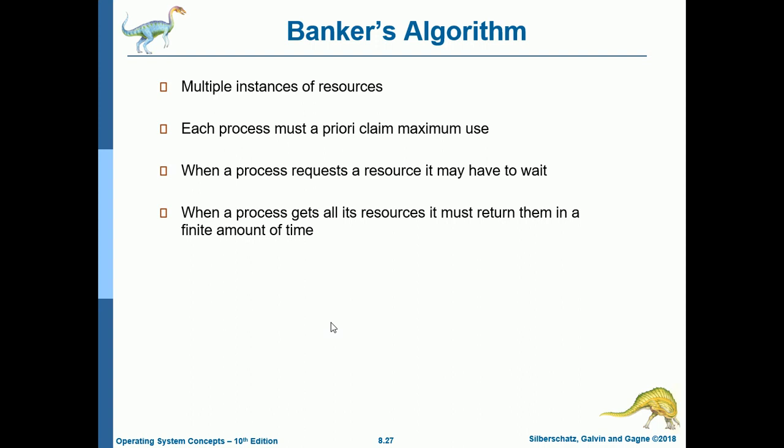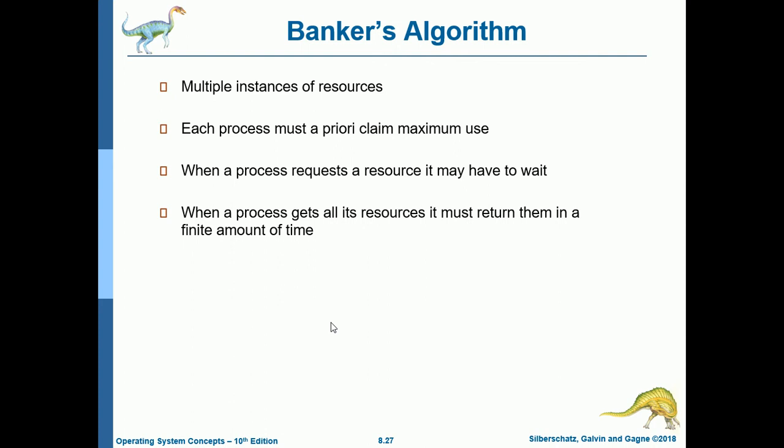So what we're going to use is the banker's algorithm. Each process must a priori claim maximum use. So the system must already have the information on the maximum needed resources by each of the processes in the system. When a process requests a resource, it may have to wait.